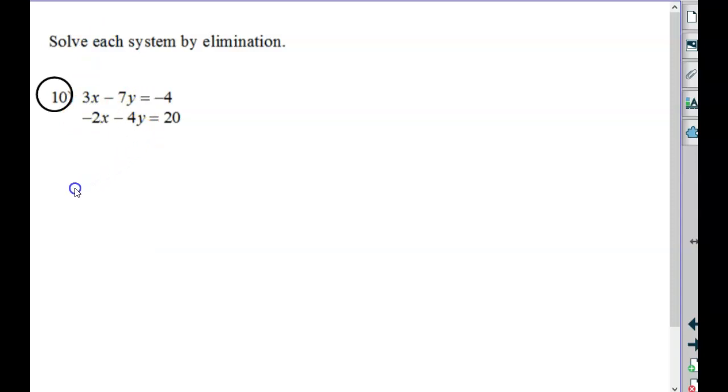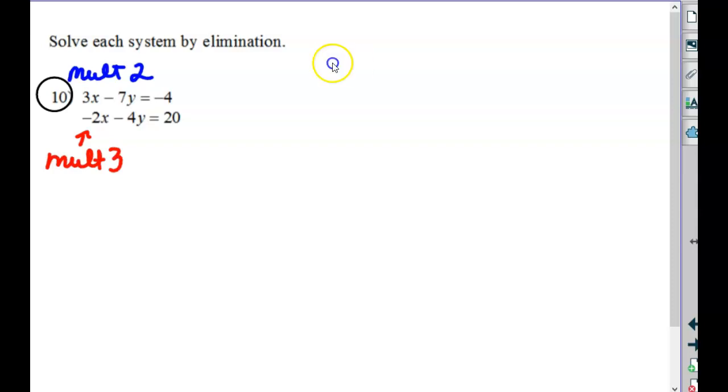Anybody have a preference? X's? Okay. So we need to make what common factor here? 6. So you want to make the top a +6, multiply all the way by 2. And on the bottom, we're going to make that a -6 by multiplying through by a 3.